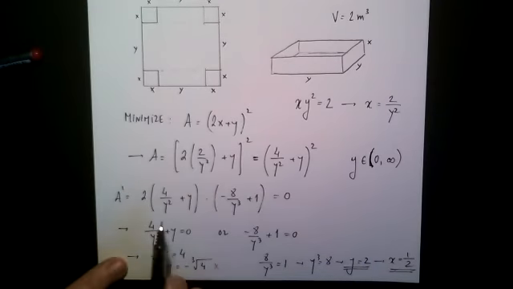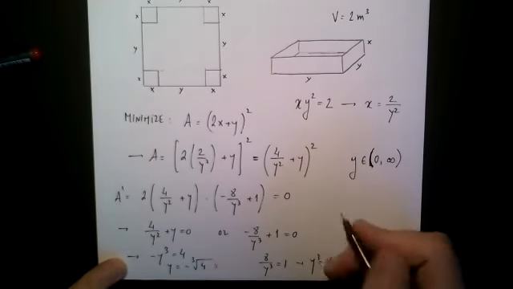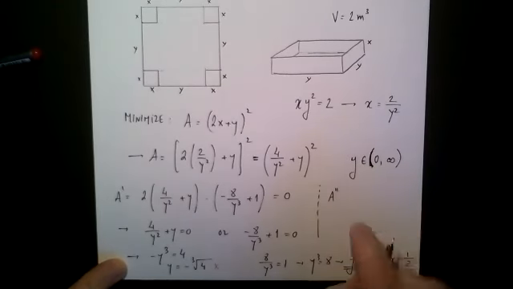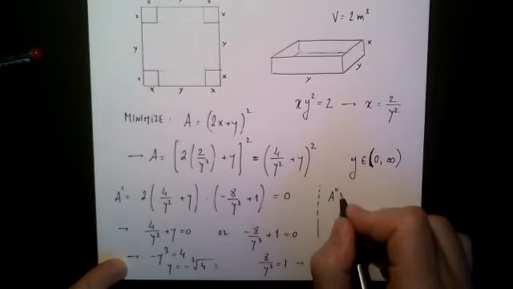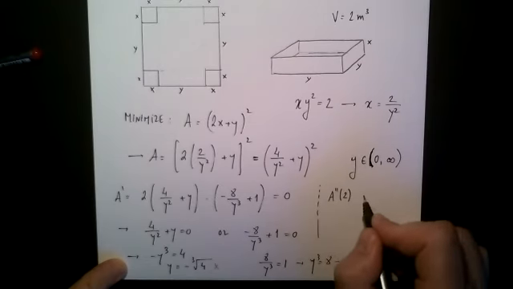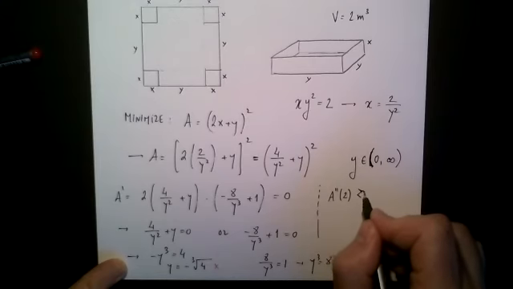Okay, so to do that, we need to find the second derivative here. I'm going to let you do it because I don't have space, but A double prime of y at y equals 2 should give me a positive number.